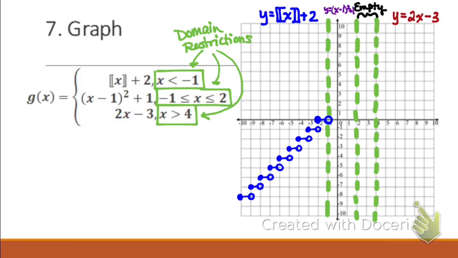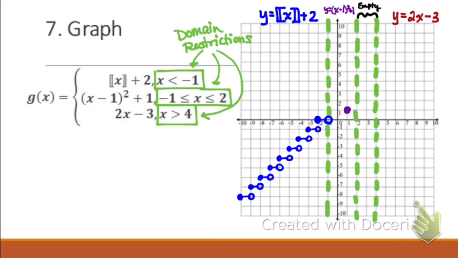Let's do that parabola. That is the parent parabola that has been shifted how? Right 1 and up 1. Any stretching or compressing or reflecting?